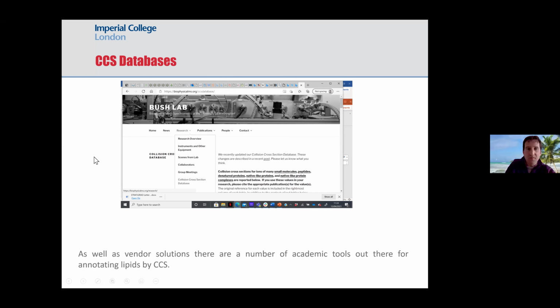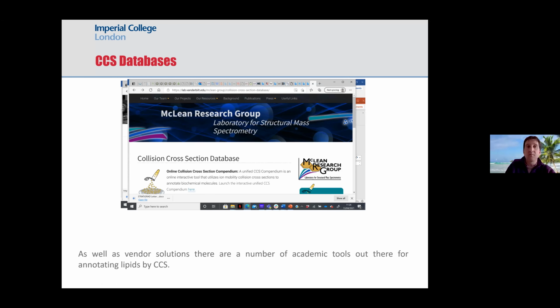So Bush Lab have a nice CCS database, as does the McLean research group. And now in terms of the different vendor solutions for doing ion mobility, a lot of the vendors are producing software tools that come with a CCS library that you can begin to populate with your favorite compounds as well.